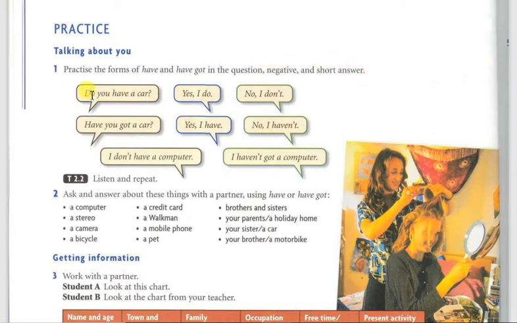Look, if we want to put the word or verb have in an interrogative sentence, how does it become? If the sentence is I have a car, how is the interrogative sentence? Do you have a car? Do you have a car? And the answer that matches this question is: yes, I have.